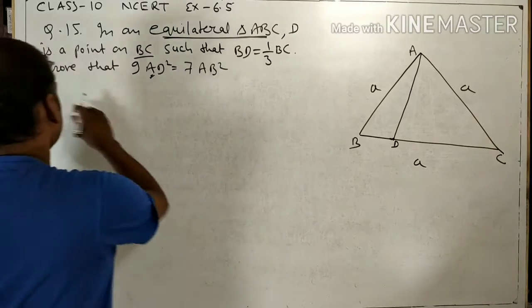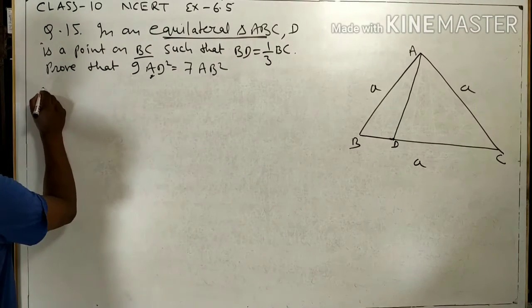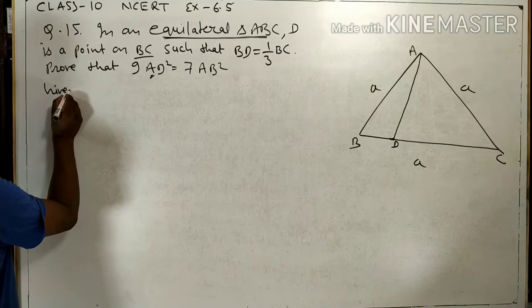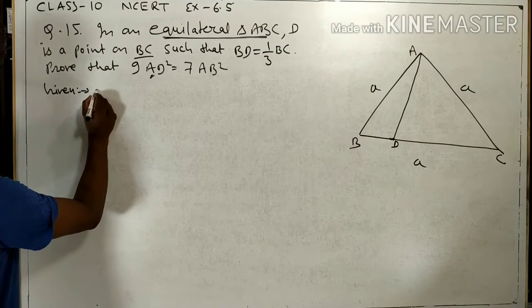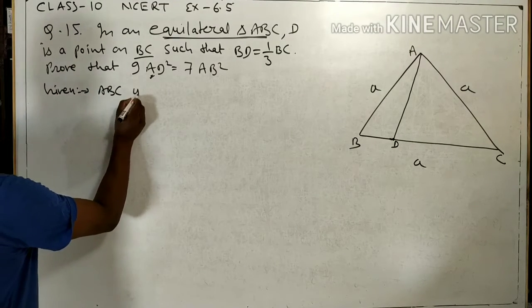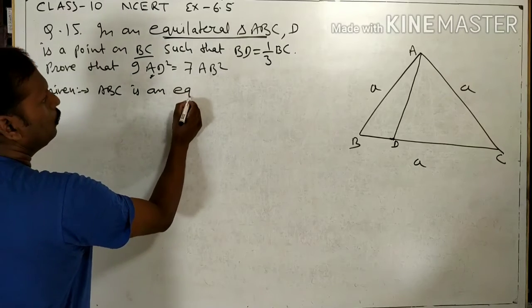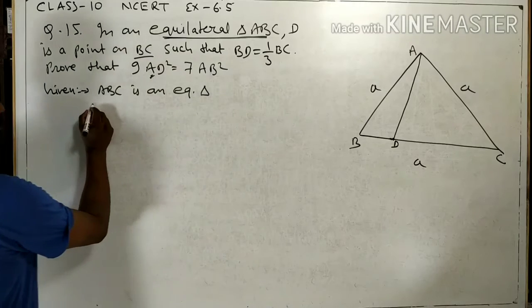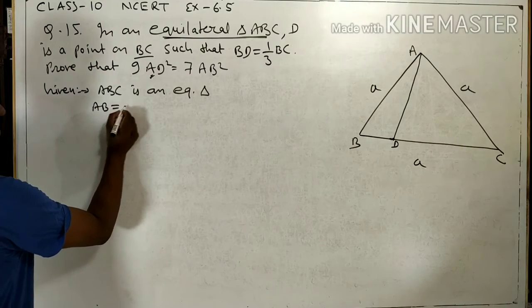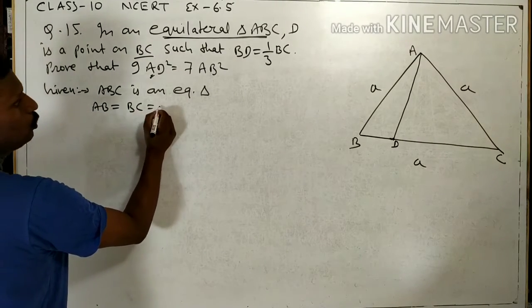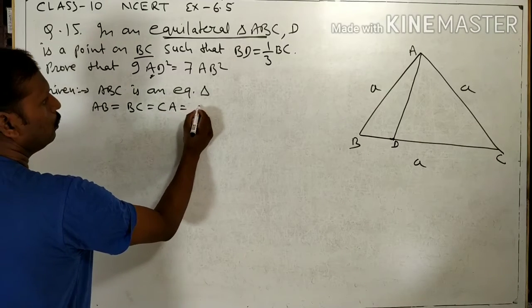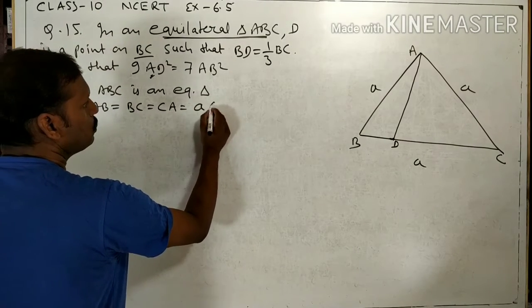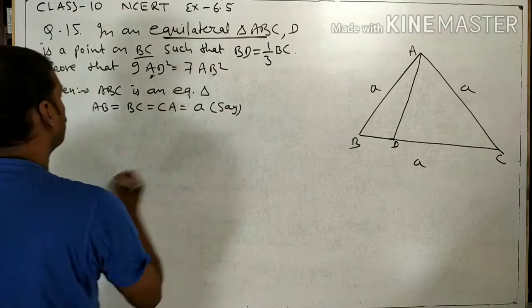So it is given. So we write given. What is given? ABC is an equilateral triangle. So we have AB equal to BC equal to CA. All are equal to A. Suppose that.